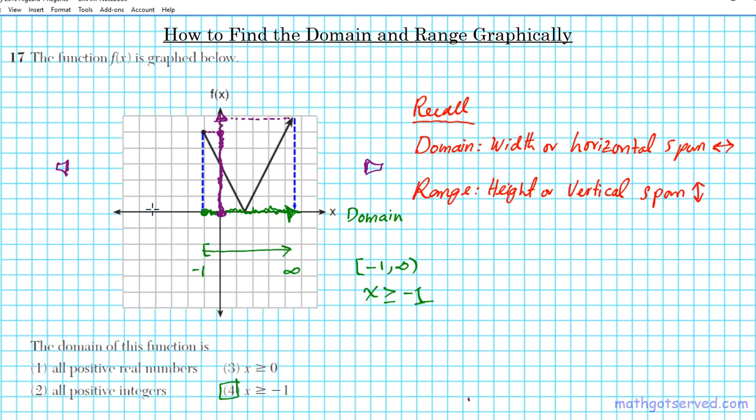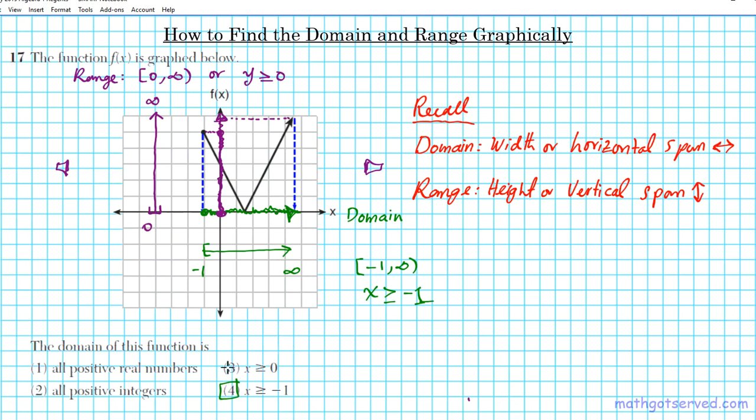The range basically starts from 0, and it goes up forever, up and up, all the way to infinity. So what's the range going to be in this particular case? The range, the vertical span, is going to go from 0 to infinity using interval notation, or using inequality notation, y is greater than or equal to 0.